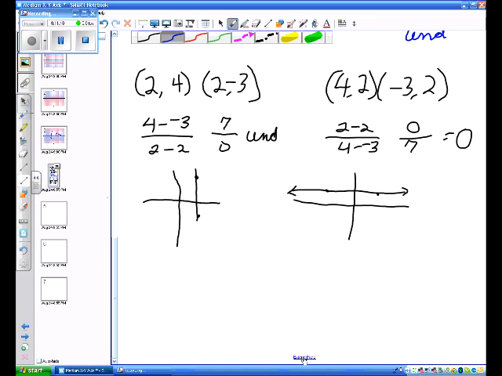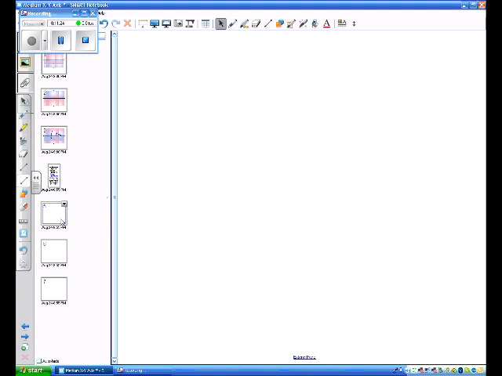Okay, once we do this, then we want to be able to write an equation given 2 points or given a point and a slope, given different information. So we're going to look to see how we would come up with an equation for that. Let's say that we have a graph, and we have 2 points on it.